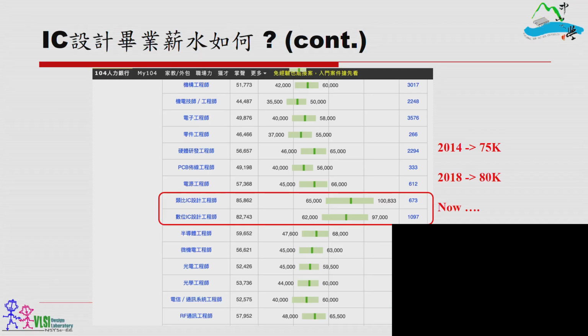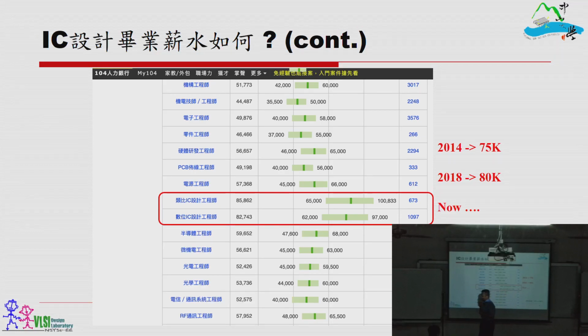But however, nothing comes free. Because in an IC design house, it's very competitive. So basically, it's 9 to 9, according to what my students say. You work from 9 o'clock in the morning, and in most cases you will stay in the company up to 9 in the evening.